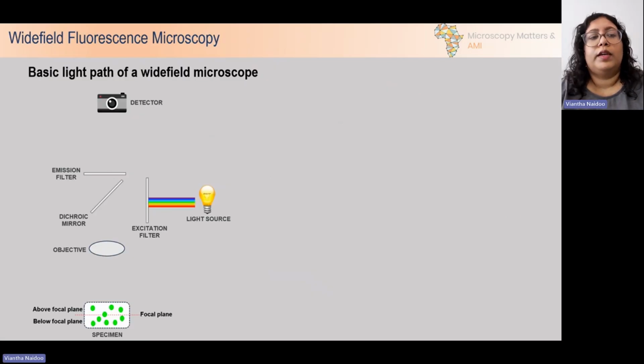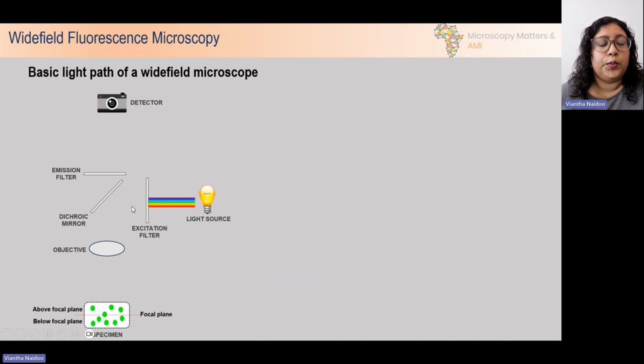So let's start off with wide-field fluorescence microscopy. Here I have a few basic features of a wide-field fluorescence microscope highlighted, and we start with the light source. The light source will shine light of potentially many wavelengths, and we have an excitation filter that will block out light of unwanted wavelengths.